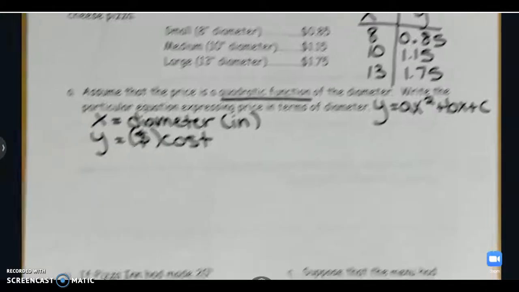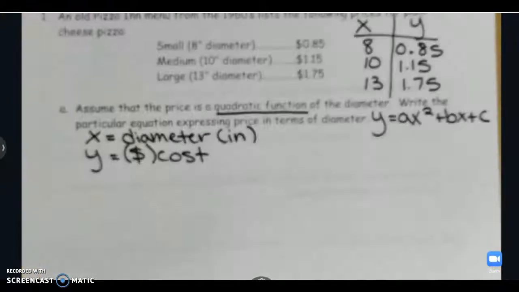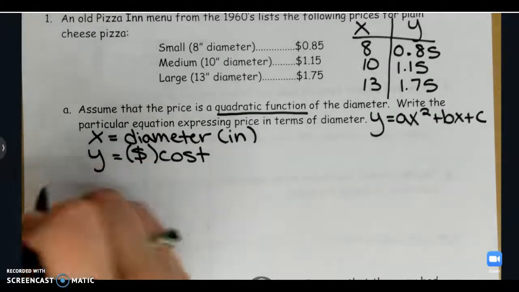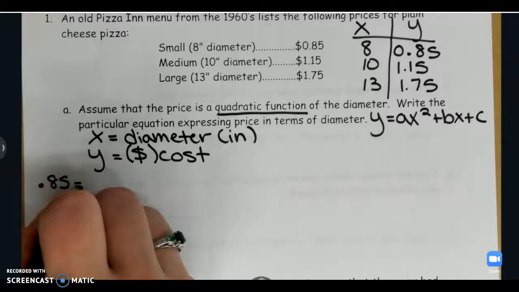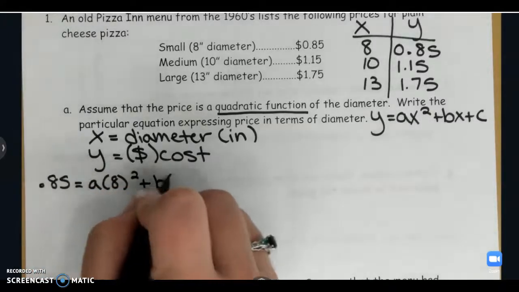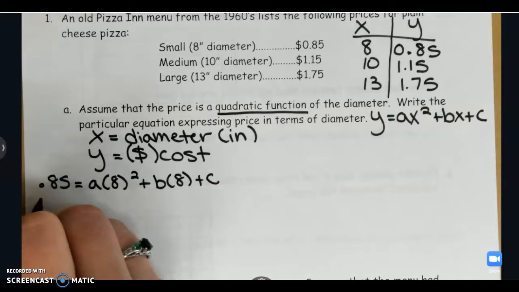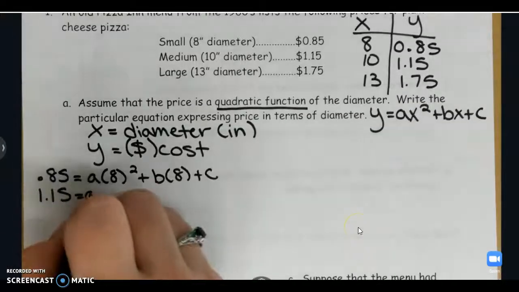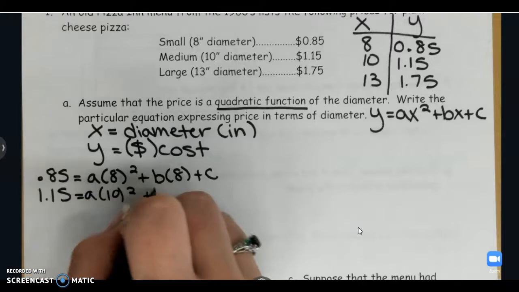So if we were going to do it that way, our equations would be 0.85 is equal to a times 8 squared plus b times 8 plus c. 1.15 is equal to a, and then our 10-inch pizza.